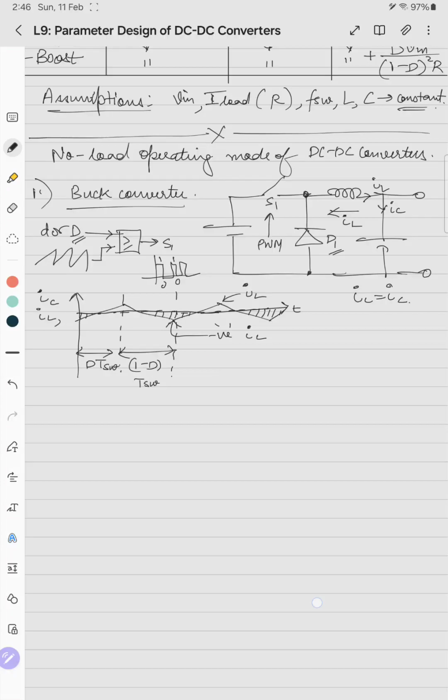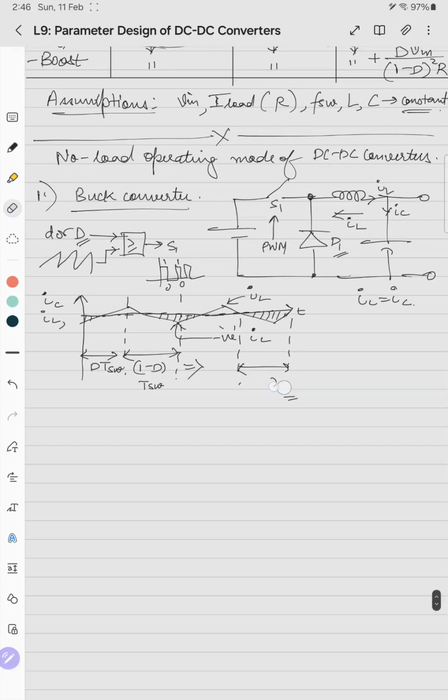Or you can also shift and write this as the off time and the other one as the on time. So it is 1 minus D into T switching. Let us write in this way only.